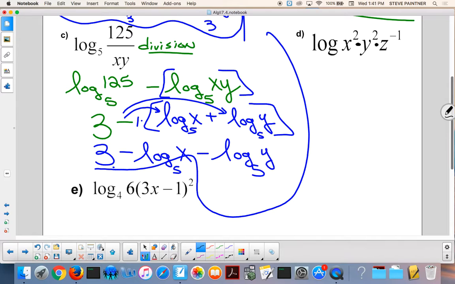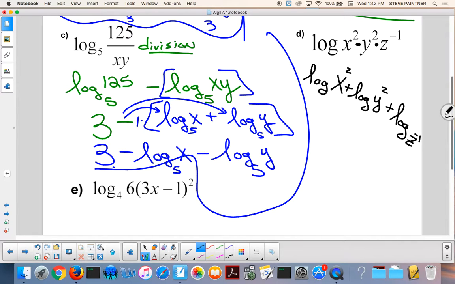Bunch of numbers being multiplied. What are you going to change it to? Addition, right? Log of 2 of X squared plus log of Y squared plus log of Z to the -1. Ouch, I'm running out of room.